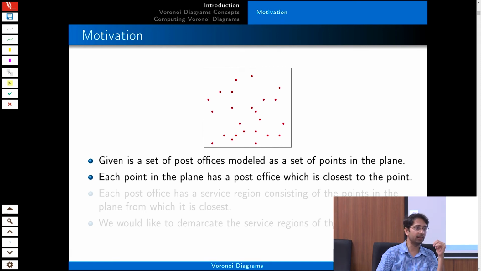And whenever a medical emergency call comes to you, you look into the location and your objective is to quickly find out which ambulance is closest to that emergency and send it to that location.